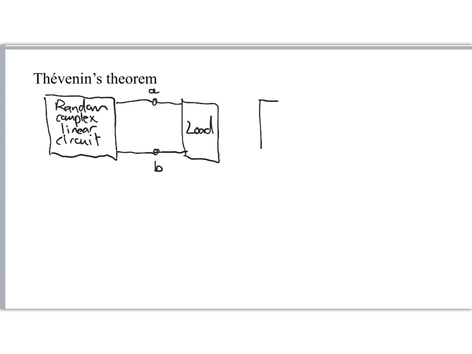So now we've still got our random circuit as before. We've removed the load and we've got terminals A and B, and we're going to find the equivalent for the random circuit looking into nodes A and B.